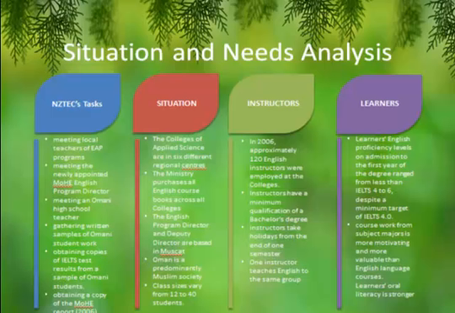Learners' English proficiency level on admission to the first year of the degree ranges from less than IELTS 4 to 6. IELTS is the International English Language Testing System. And then despite a minimum target of IELTS 4, coursework from the subject major is more motivating and more valuable than English language courses. Also, learners' oral literacy is stronger.